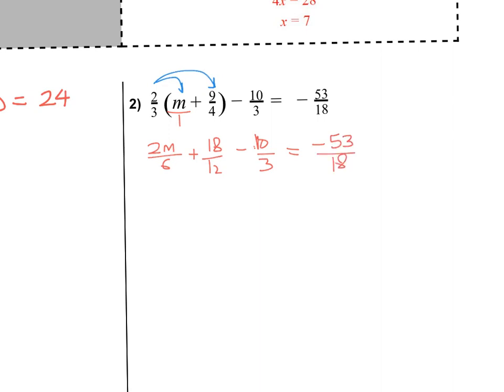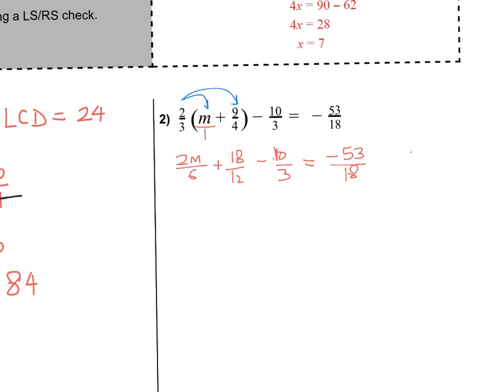Once we do this step, that's when we figure out the LCD. So now here, the LCD will be 36. Now we need to turn each of these fractions into denominator 36. So this gets multiplied by 12. Oh, I made a mistake here. This shouldn't be 6.